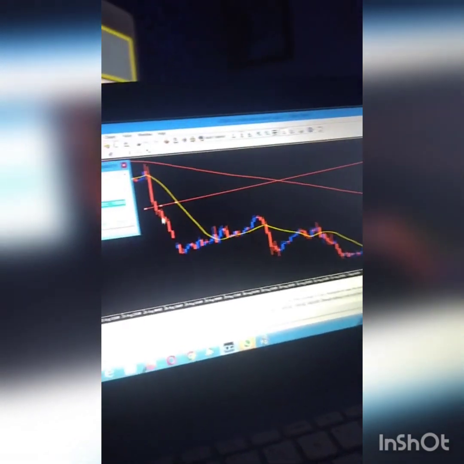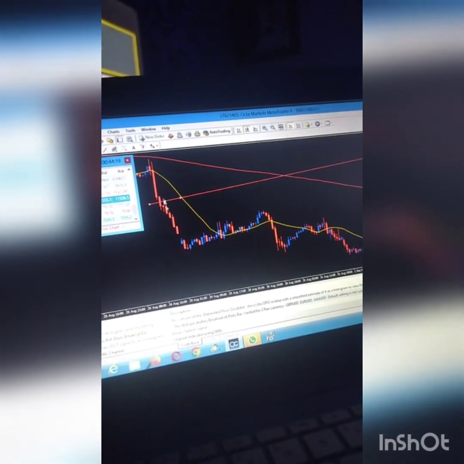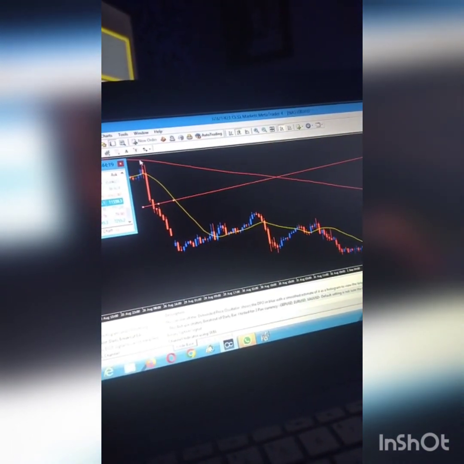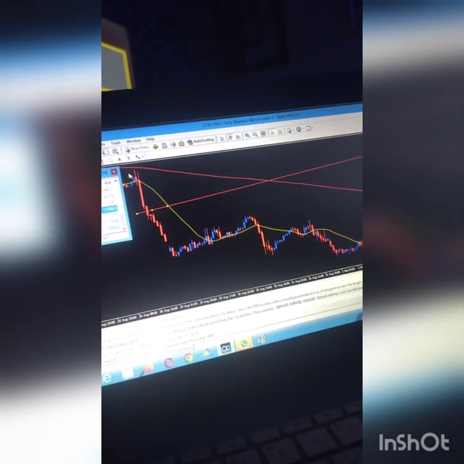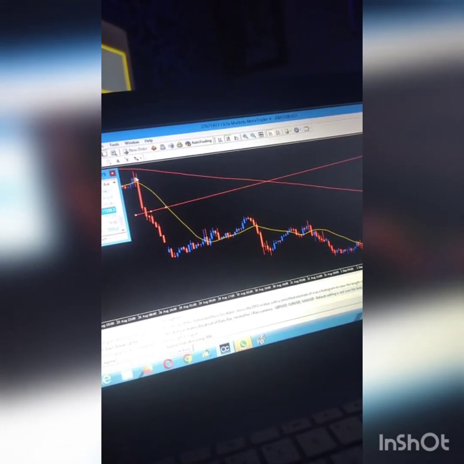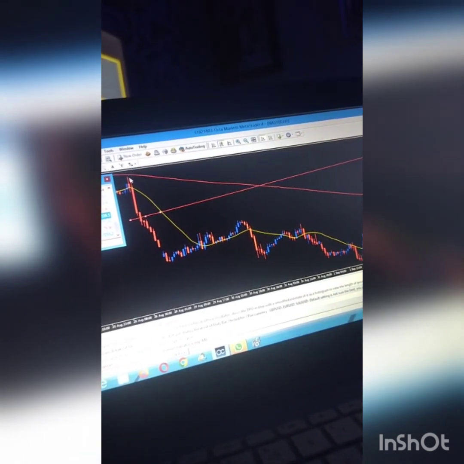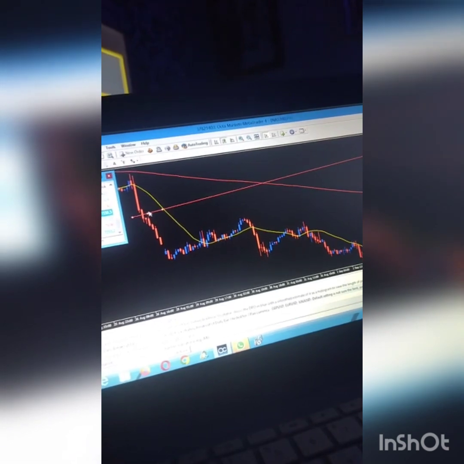Just cut this into two. Remember, your stop loss is supposed to be here. Cut this into two, then bring your stop loss to this side.